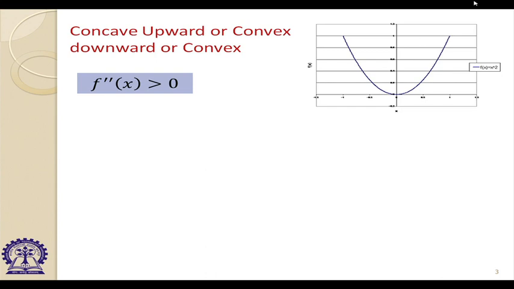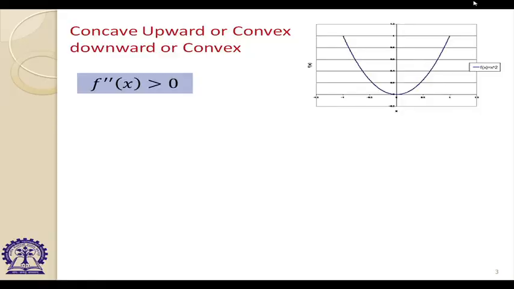Since we are considering the nonlinear function, as we know, the function can be convex, concave, or neither convex nor concave. Due to the curvy nature of the function, I defined in the last class how geometrically a convex function can be defined.